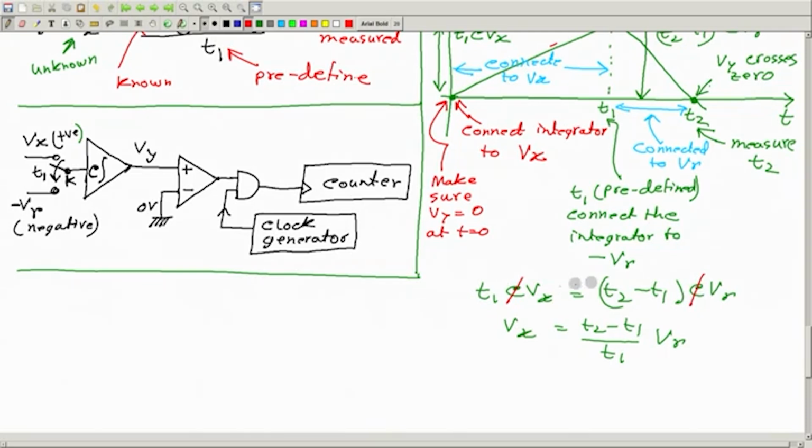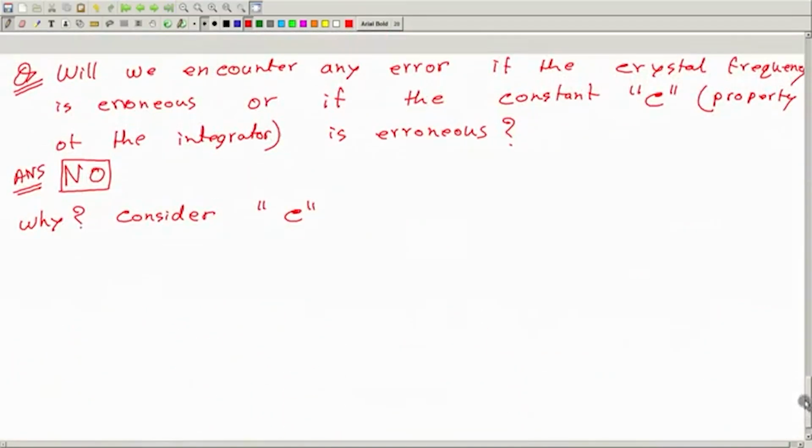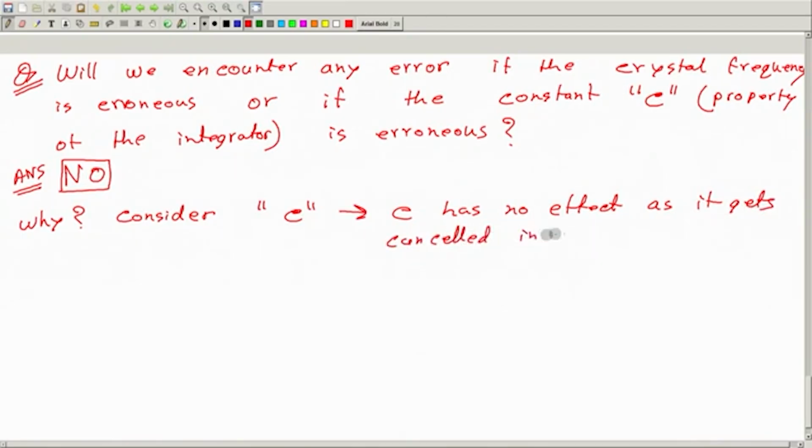Therefore, C has no effect, as it gets cancelled in the equation.